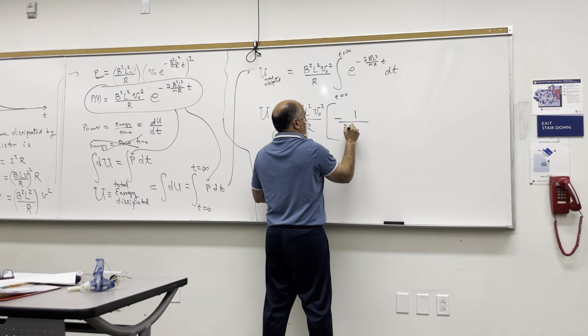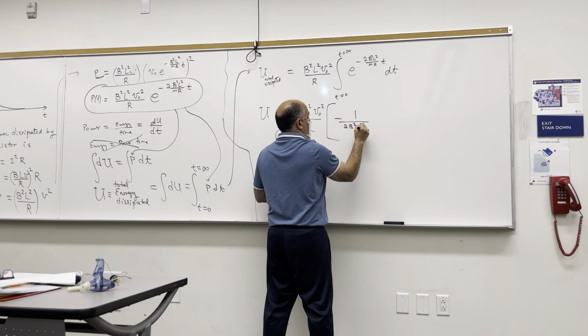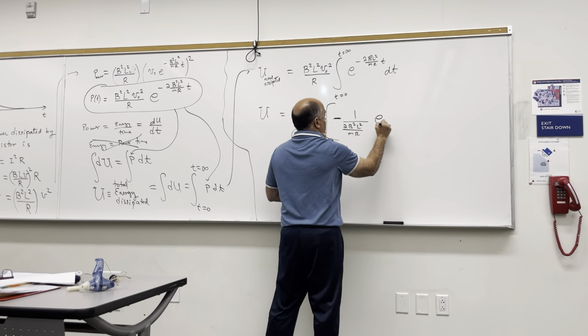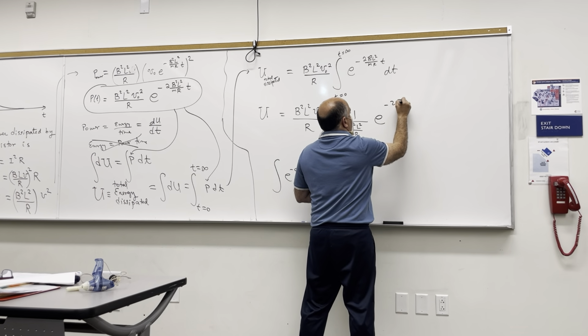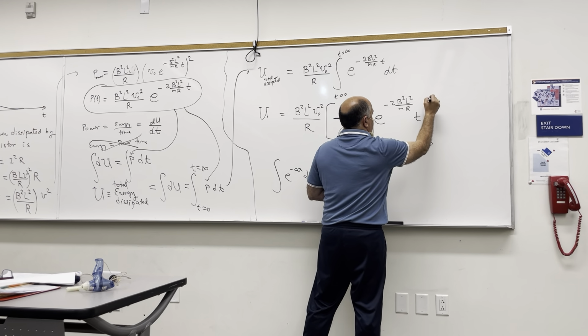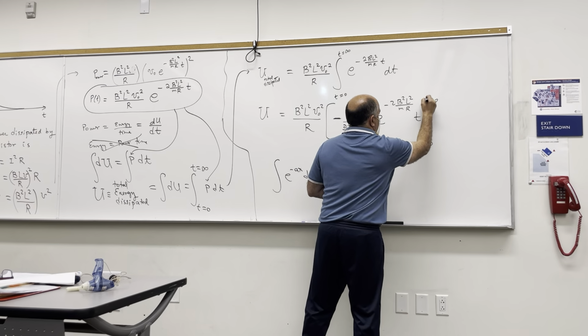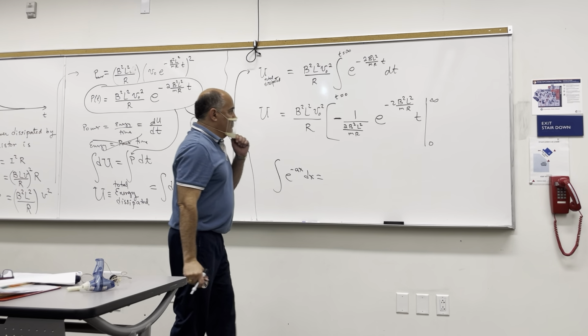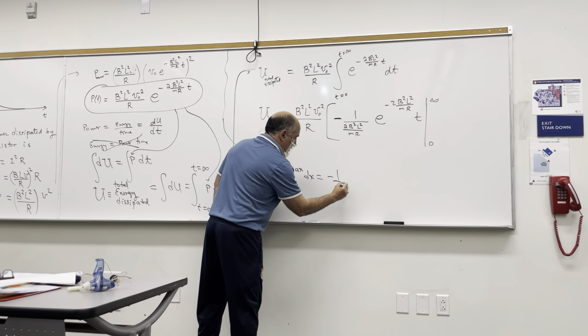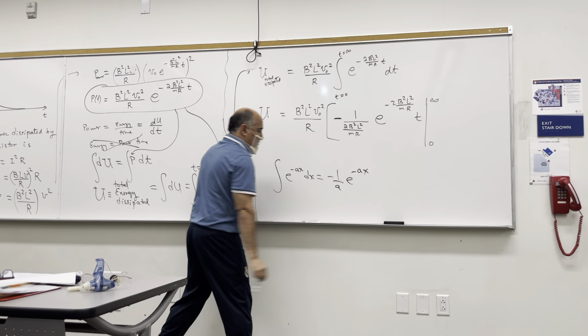Which is 2b squared L squared over mr, negative of that, times e to the minus 2b squared L squared over mr t, evaluated from 0 to infinity. This will be minus 1 over a e to the minus ax, that's what I'm using.